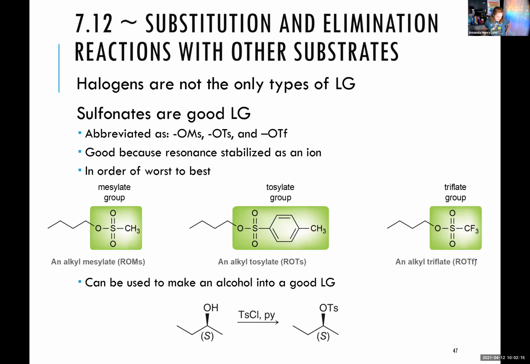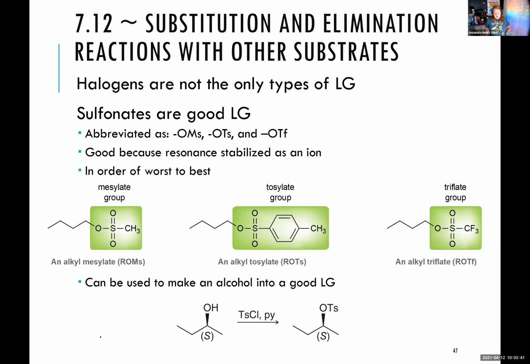So we have a couple of reactions left in this chapter, and they are looking at alcohols for the most part. When we have an alcohol attached to our carbon group, it's not a good leaving group. So we've talked about leaving groups as halogens, mostly chlorines and bromines. That's what we look at most of the time.